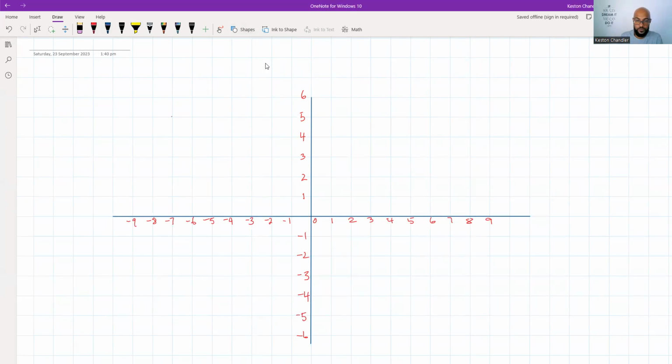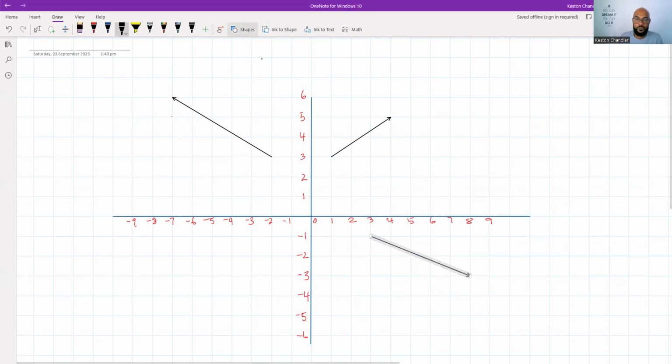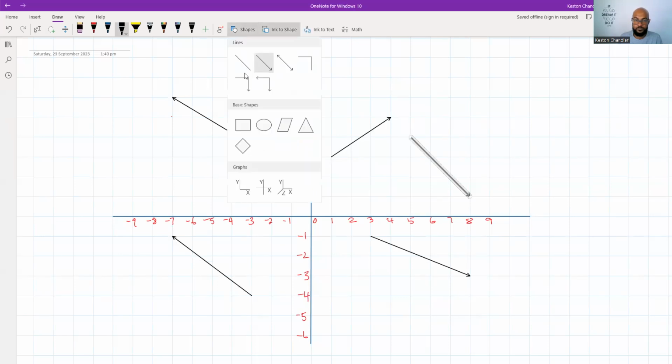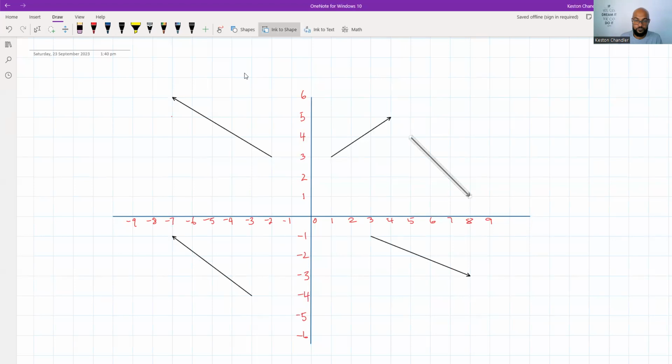So this one here, this one here, this one here. So I have just a couple free vectors, right?